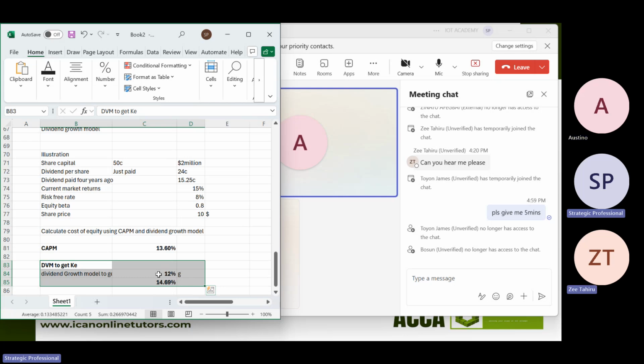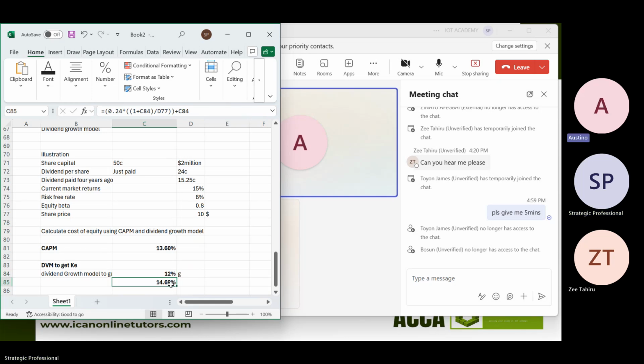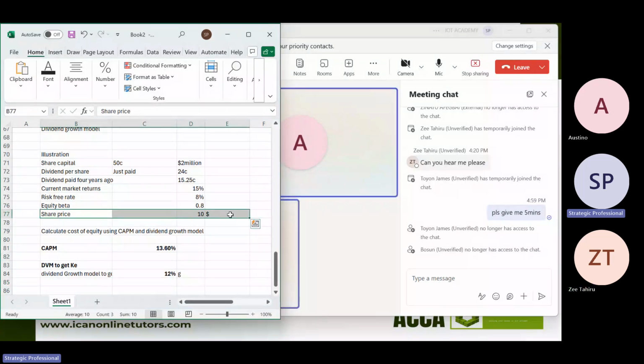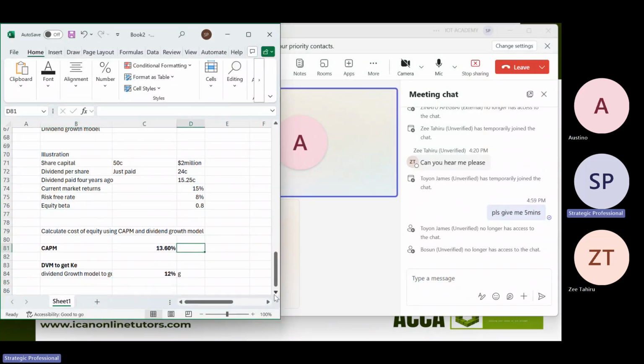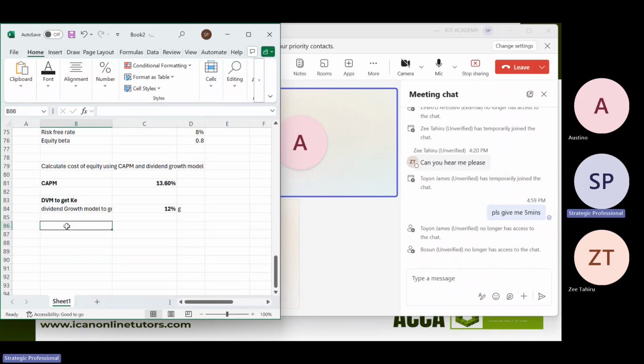Now, in this question, you also notice that this is the growth, 12% growth. And the share price, I told you I assumed this one, so let me take it off. Now from this question, if they ask us to calculate the share price, how do we calculate the share price?